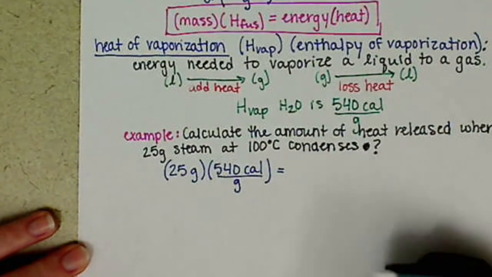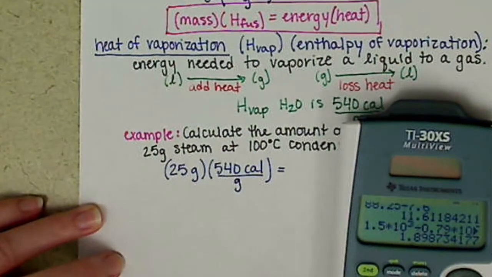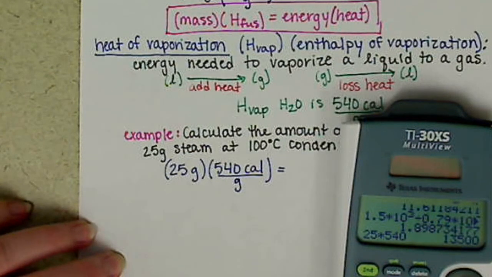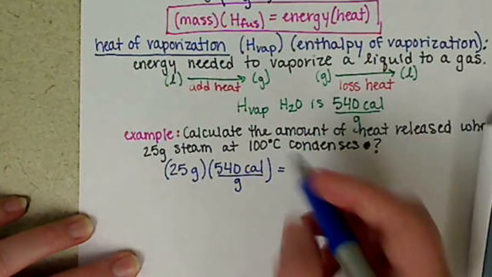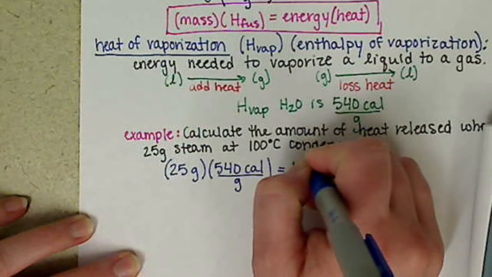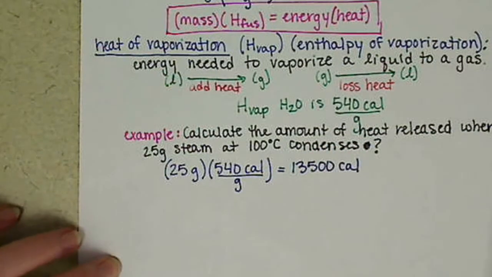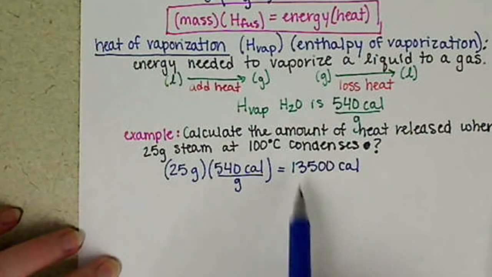That one I'm not good enough to do in my head, so let's grab our calculator. We have 25 times 540, so I get 13,500 calories. And my grams cancel, so all I'm left with is calories.